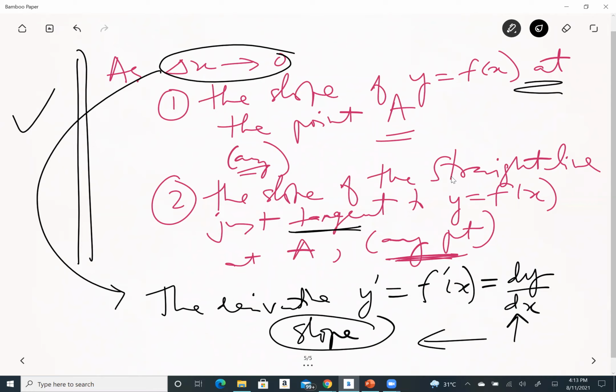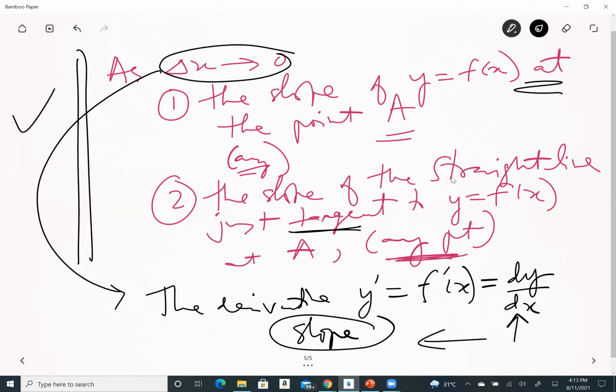You take the derivative of that function, what do we get? You get velocity. So velocity is the derivative of distance. That is the slope of the distance function at any point. In other words, that is the instantaneous rate of change of distance.